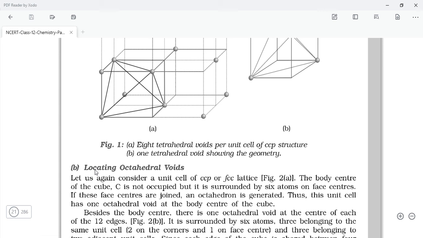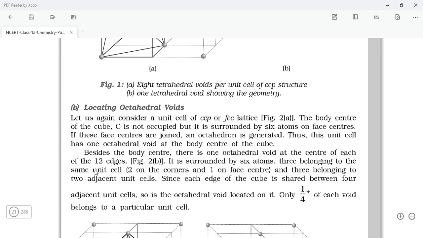And locating octahedral voids, this is a little different, but you might understand. Let us again consider a unit cell of CCP or FCC lattice. The body center of the cube is not occupied, but it is surrounded by 6 atoms on face centers. If these face centers are joined, an octahedron is generated. Thus, this unit cell has one octahedral void at the body center of the cube.